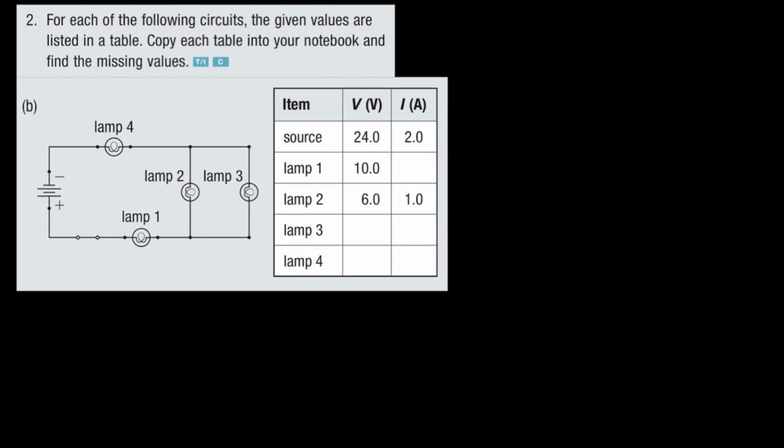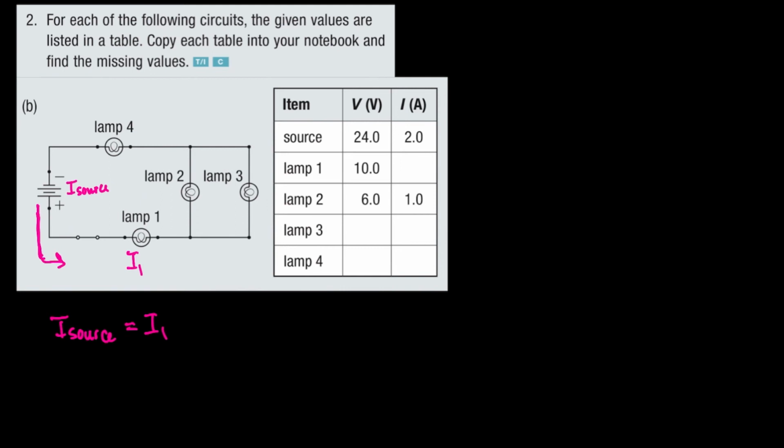Now we do have other examples, so let's take a look at part B. And it's usually good to start with the current, but again, you could do either way first. So I like to look at current first. So the current at the source is going to start traveling, so that direction of conventional current will be traveling along the positive terminal, and it's first going to encounter lamp 1, but because these two are connected in series, the current at the source is going to be equal to the current at I1.